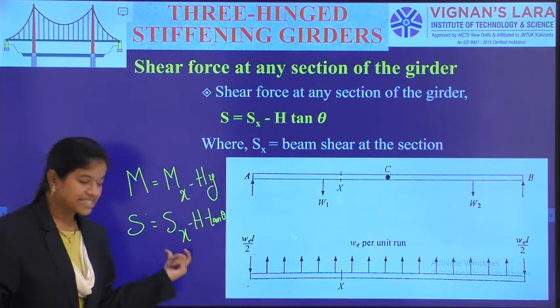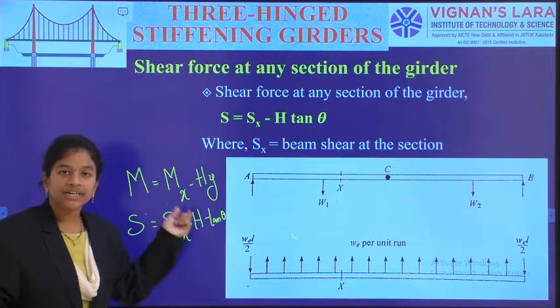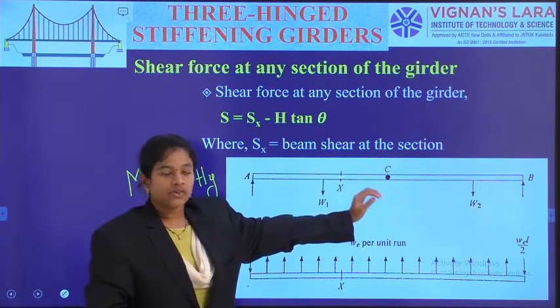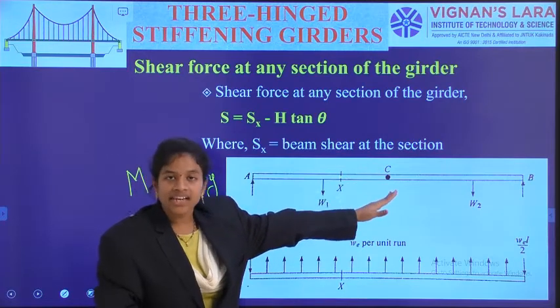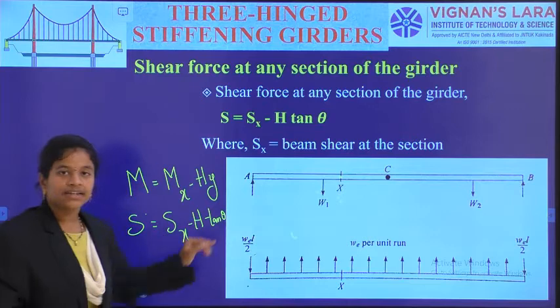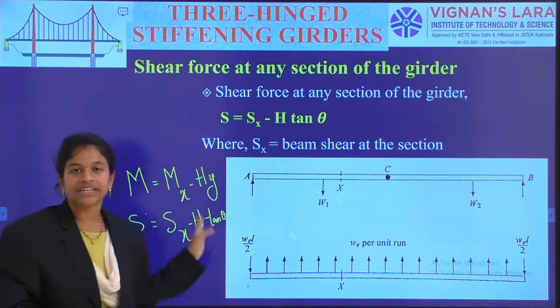Now, what are Sx and Mx? These are the shear and moment for the simply supported beam girder when the external load is applied, at that particular section.